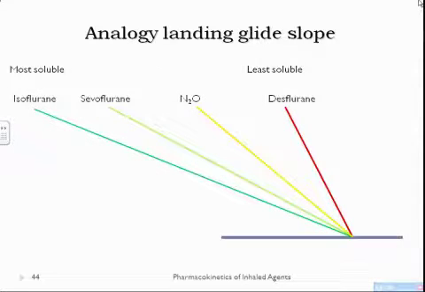If you want to replace it with names, you can say isoflurane is the most soluble, then sevoflurane, nitrous, and desflurane. Now my issue with using desflurane as the last agent is that desflurane is very pungent, and I've gotten myself into trouble with that agent when I use it as the last thing to shut off. So for that reason, I never shut off desflurane last.